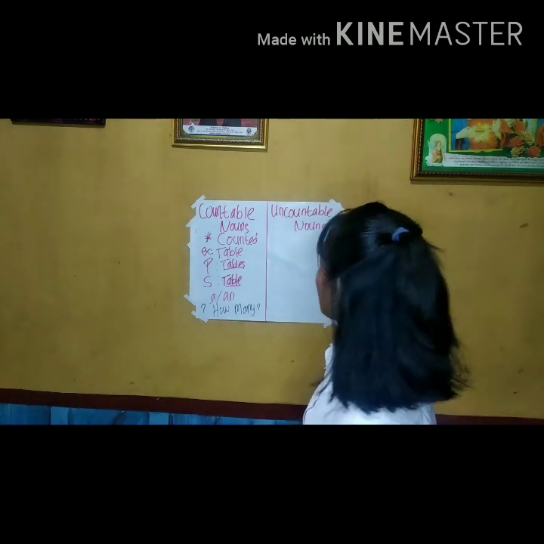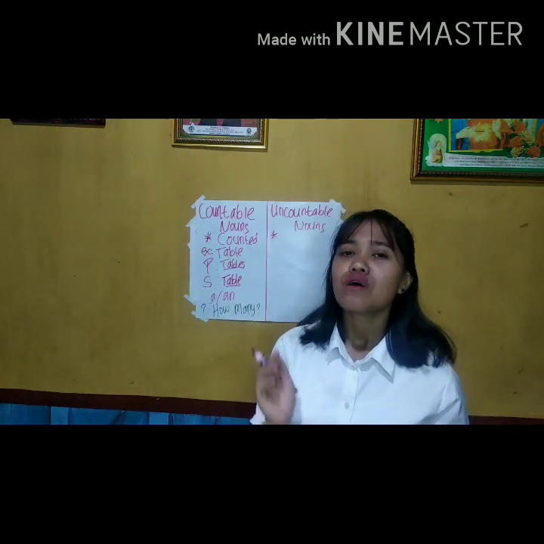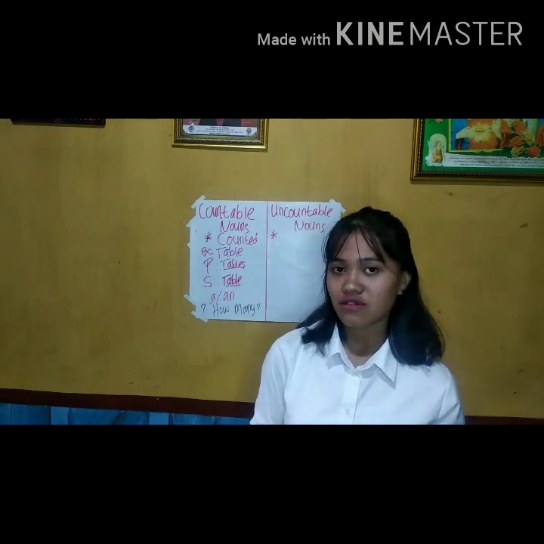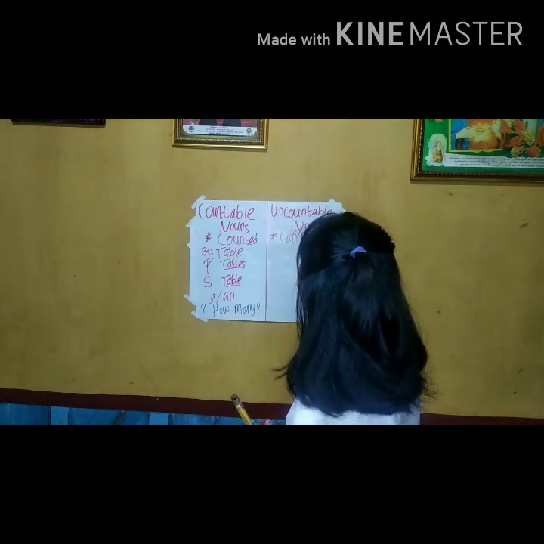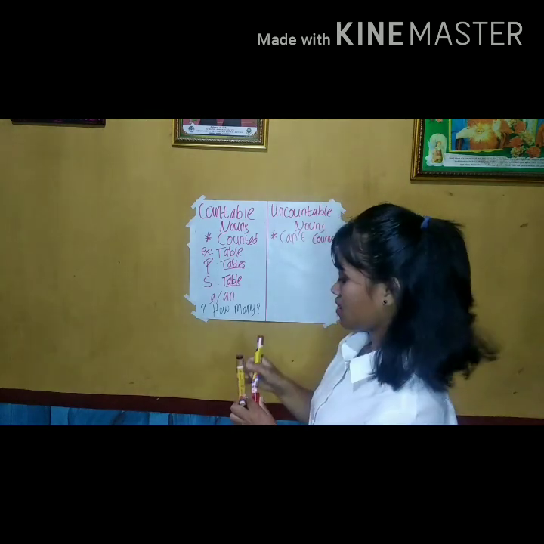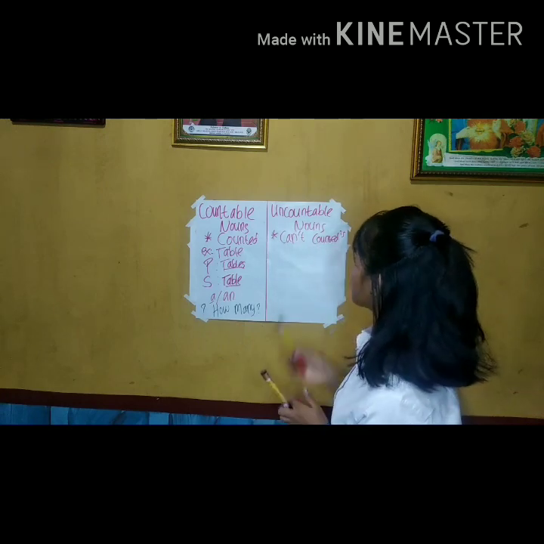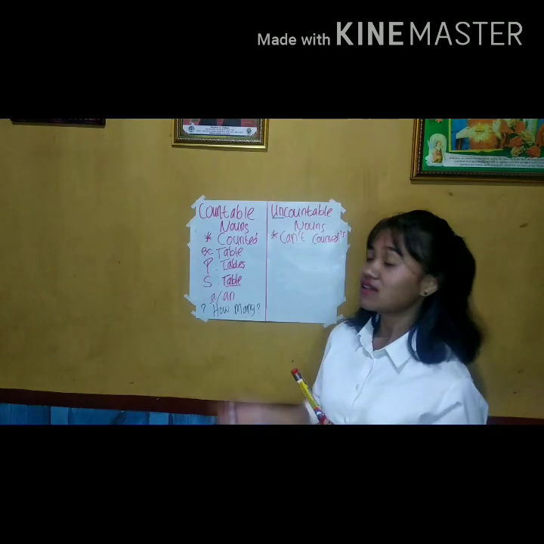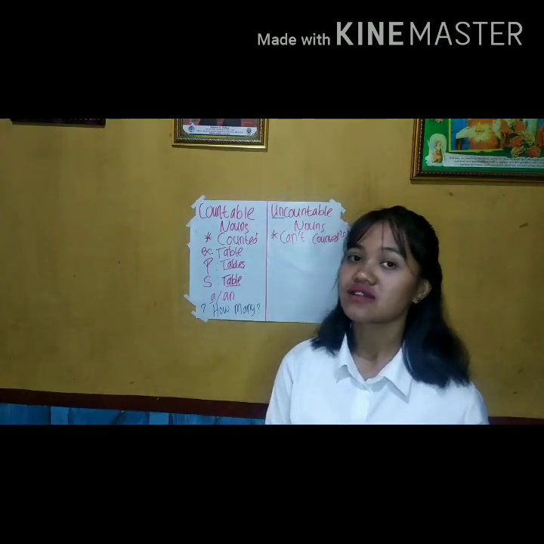So it means that uncountable nouns are nouns that we can't count. It's different, right? Countable and uncountable nouns. From the name, uncountable noun, it means that we can't count the noun.